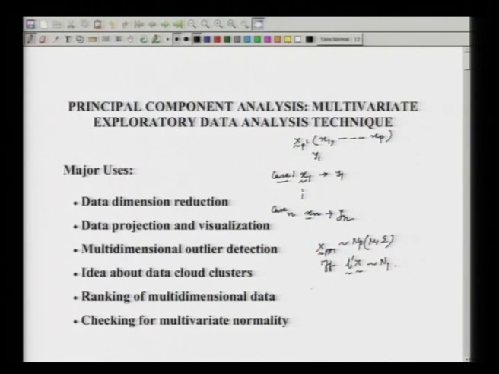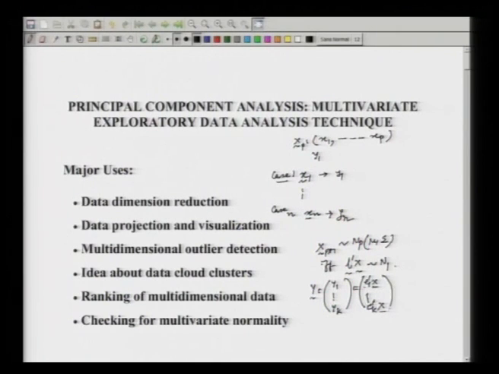Now, we have k such principal components y 1, y 2 to y k, and if you recall, these are nothing but E 1 transpose x up to E k transpose x.